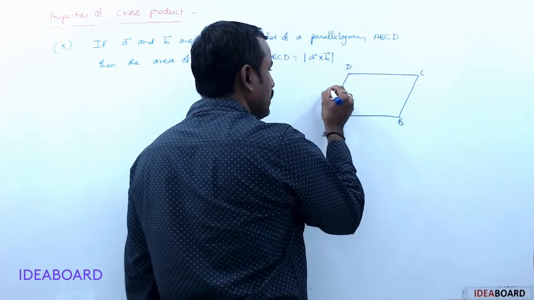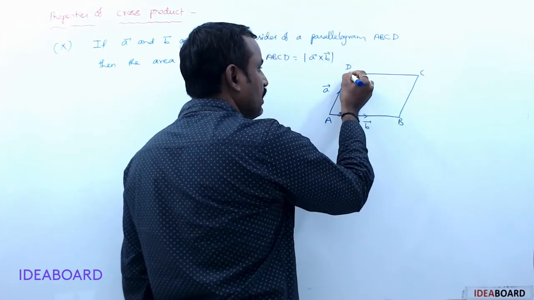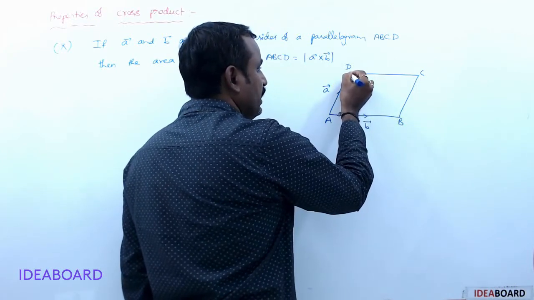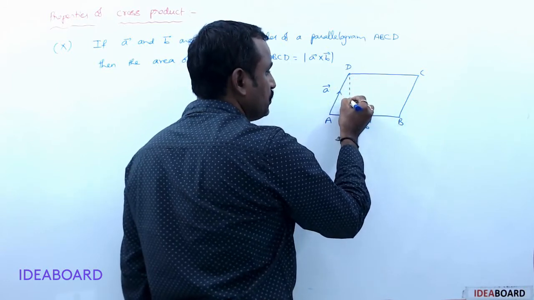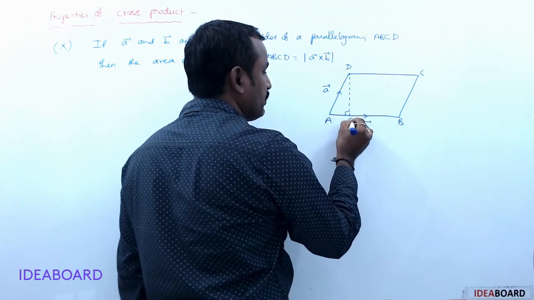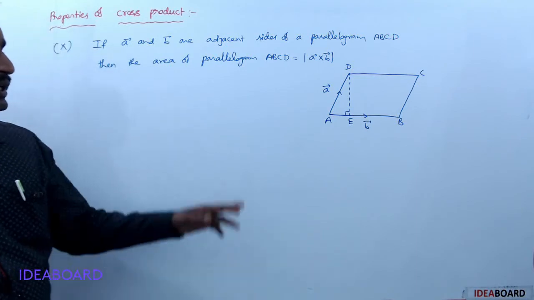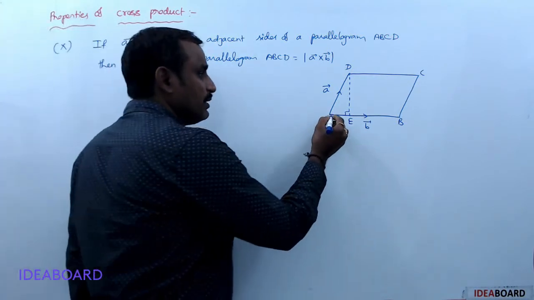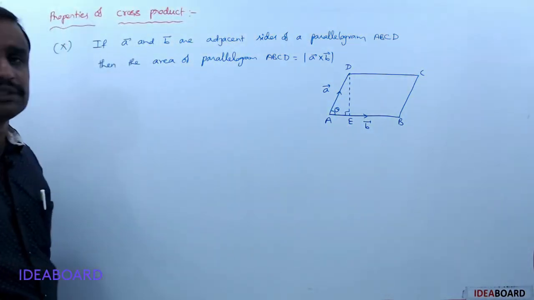This is A bar, this is B bar. From the D point you can draw the perpendicular line to AB. It meets at E point. From the diagram, the angle between the vectors is theta.